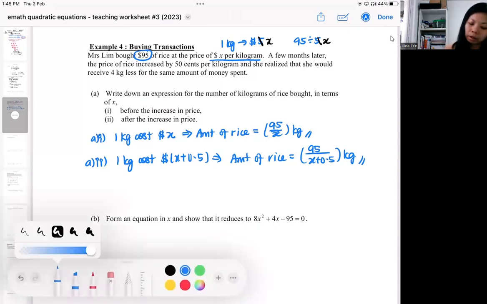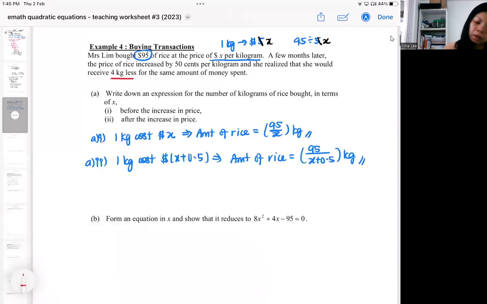So the linking question here is, after the price increase, we bought 4 kg less for the same amount of money. That means this is less, this is more. And it does make sense. Before the price increase, you get so much rice. After the price increase, you get less.